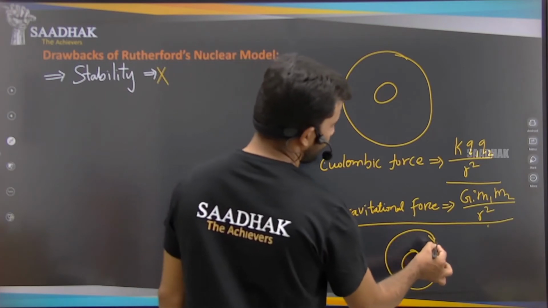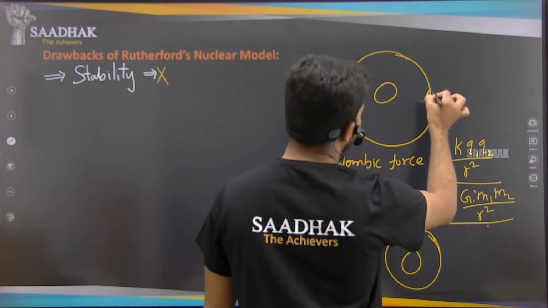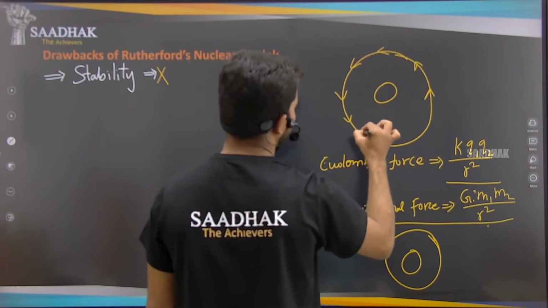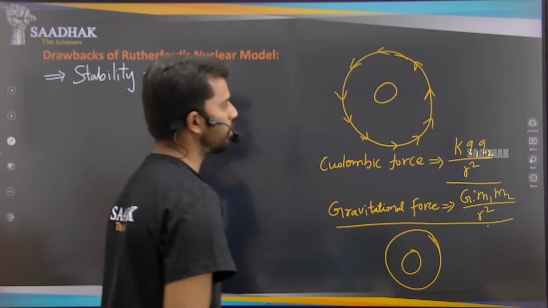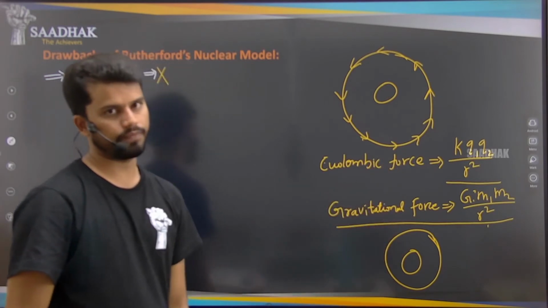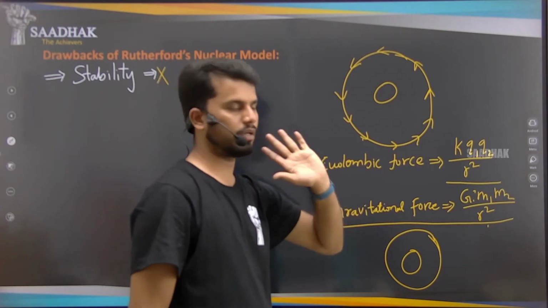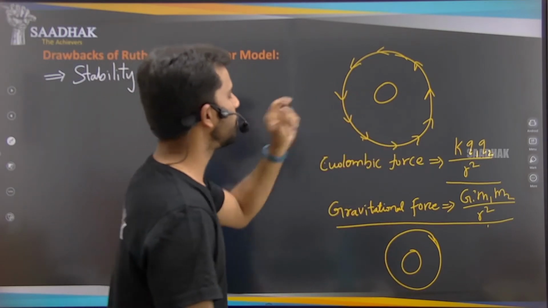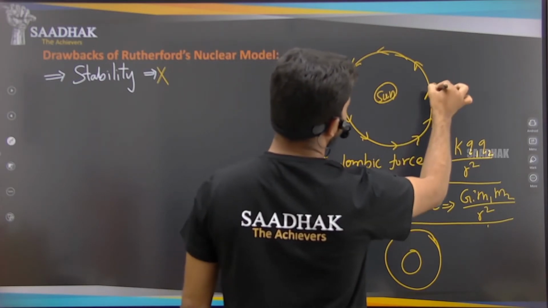Here, as he said, the electrons are revolving in a circular path with very high speed. So this model is also looking like the solar system. The lighter objects are revolving around the nucleus, not exactly like that, but in terms of the movement of the electrons and the nucleus, the nucleus is acting as the sun and the electrons are acting as the planets.